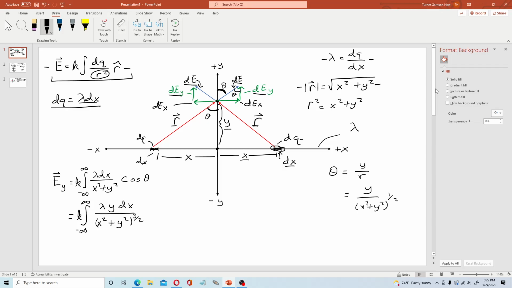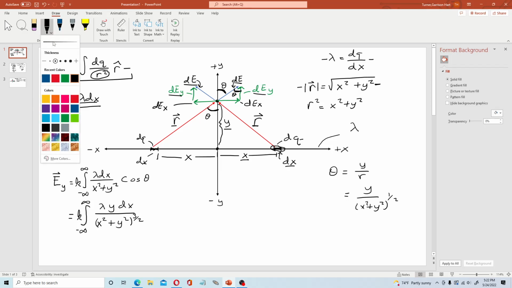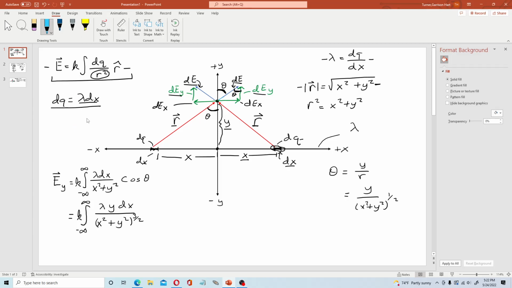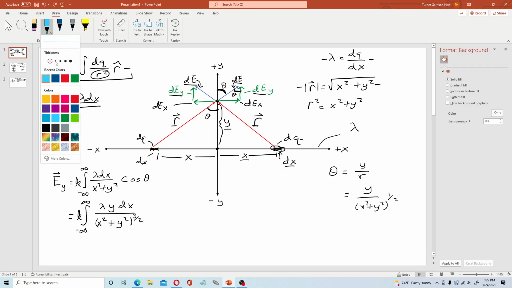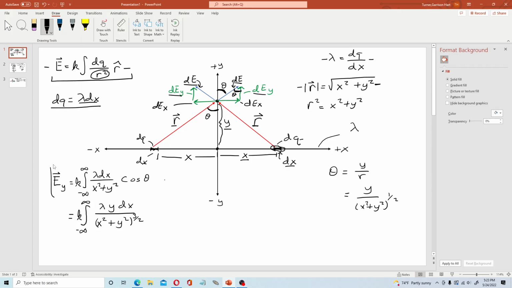And by the alternate interior angle theorem, this angle is also theta. So in terms of that right triangle, the vertical component is going to be the cosine component. And so, with all of that in mind, we arrive at this expression.